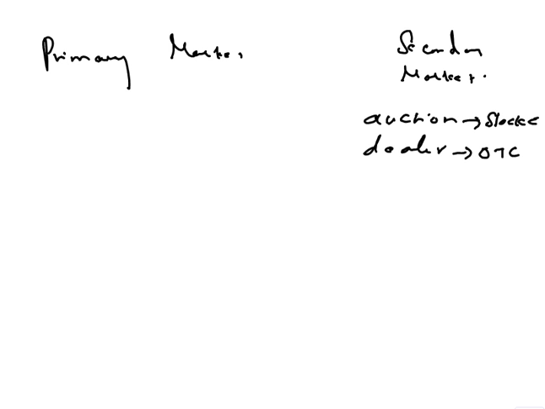Now let's see about stock exchanges, which do auction based transactions in the secondary market. What is happening in the stock exchange? The stock exchanges are under the supervision of SEBI, the Securities and Exchange Board of India.